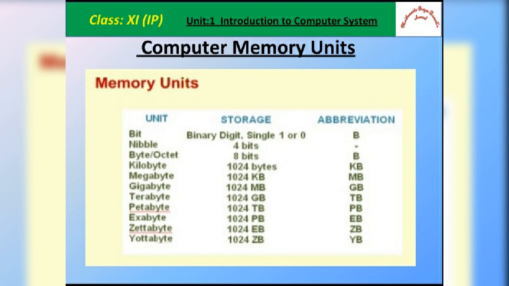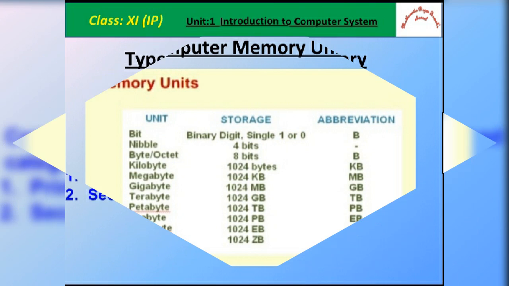And 1 byte is the smallest unit that can represent a data item or a character. Other units of memory are listed below: the kilobyte, megabyte, gigabyte, terabyte, etc. are the units of computer memory.